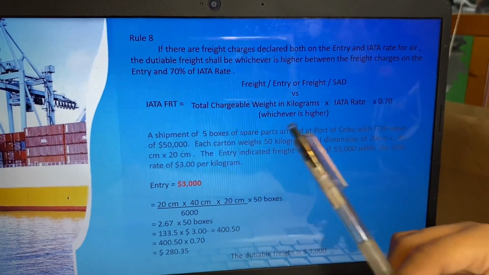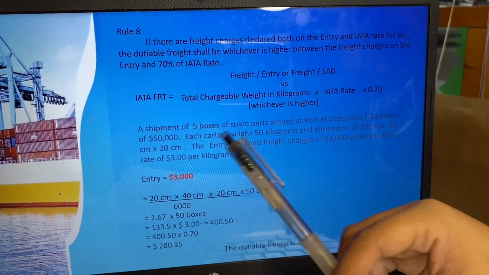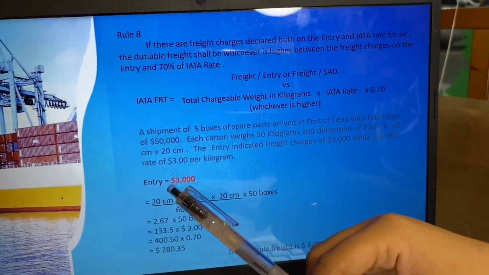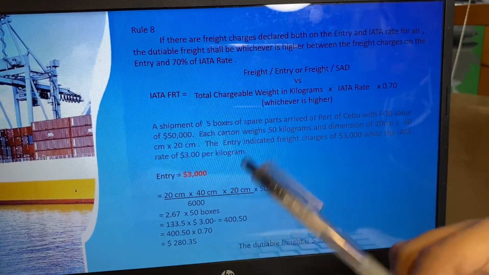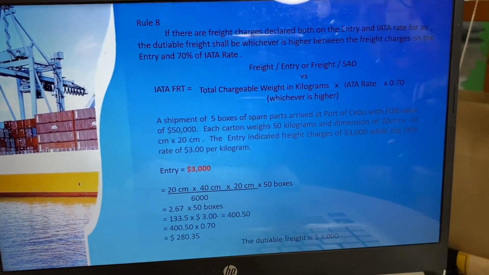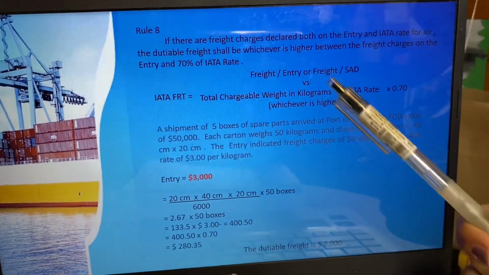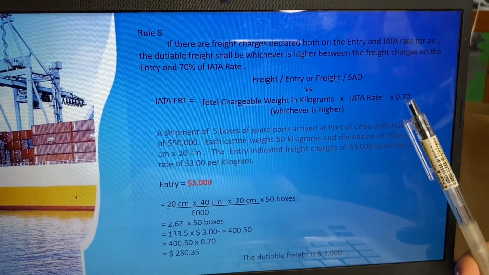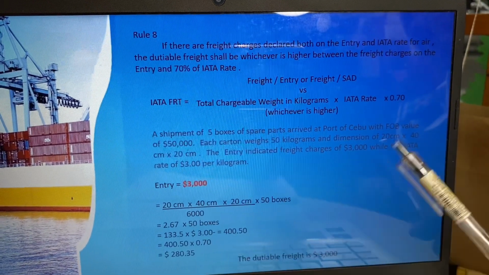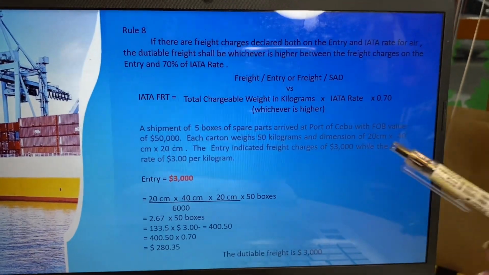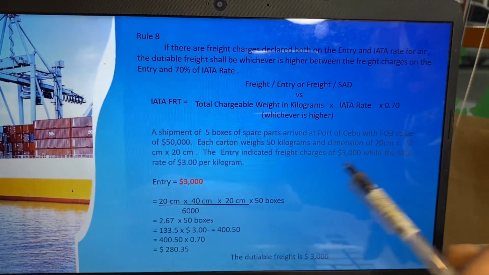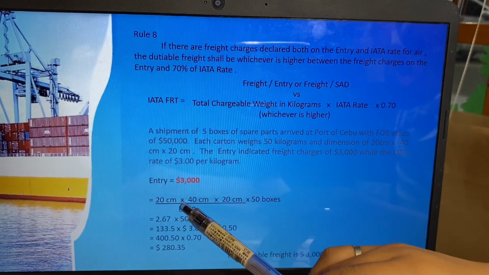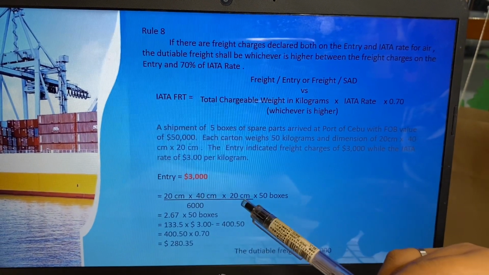The given here is the entry, 3,000 US dollar. We're going to compare that to the total chargeable weight in kilograms times our IATA rate times 0.70. So the dimension is 20 cm times 40 times 20 cm.